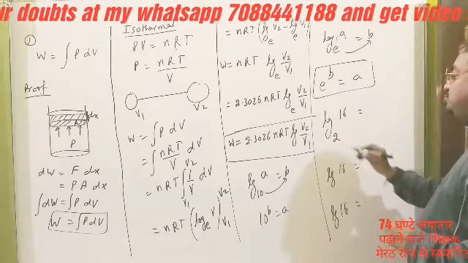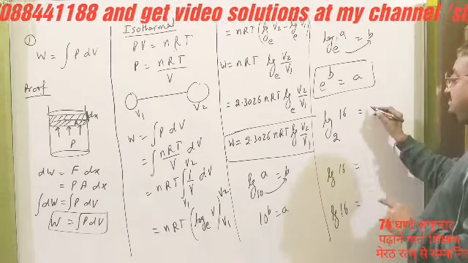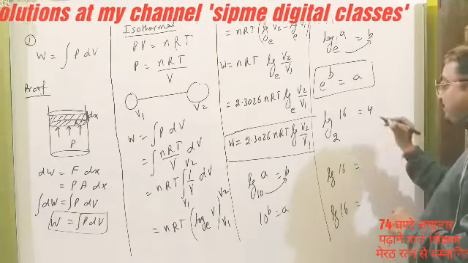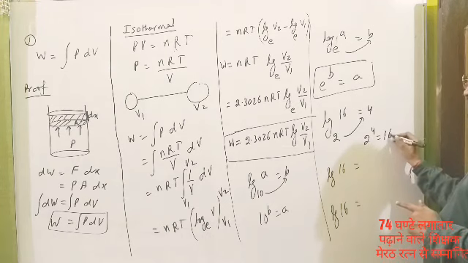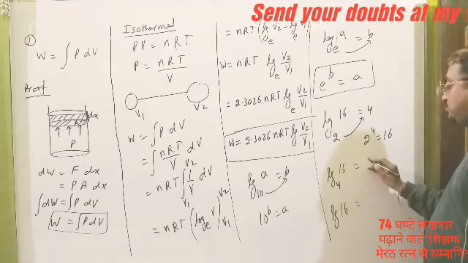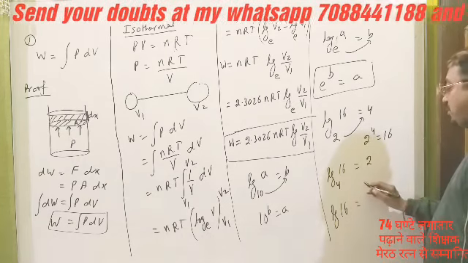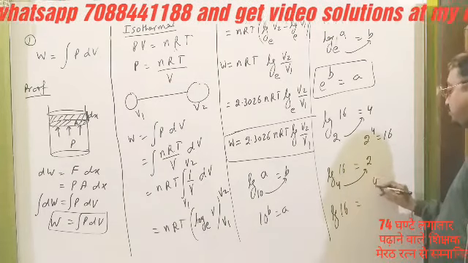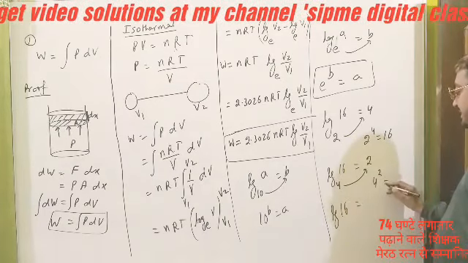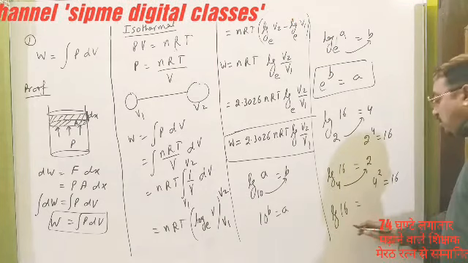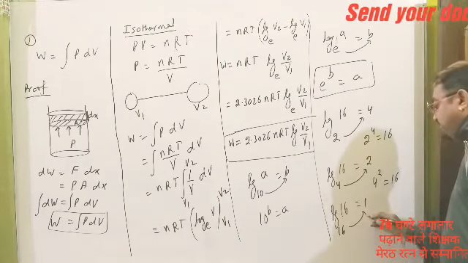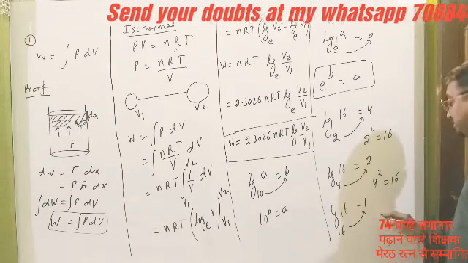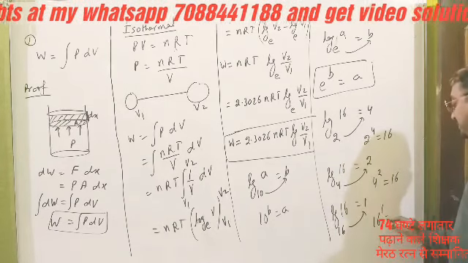So it depends upon the base. Suppose it is base 2, then the answer is 4, because 2 raised to power 4 is equal to 16. But if it is base 4, the answer is 2, because 4 raised to power 2 is 16. Or if the base is 16, the answer is 1, because 16 raised to power 1 is equal to 16.